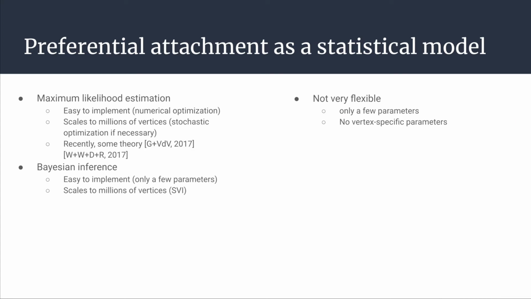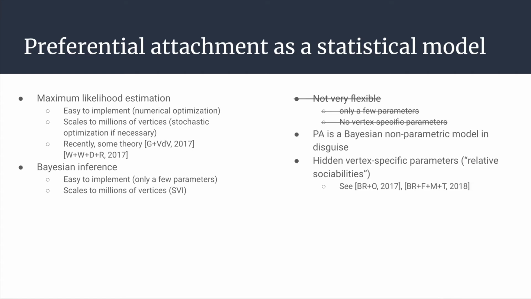So many practitioners modeling and fitting models to network data like to be able to say something about the properties of specific vertices, and preferential attachment doesn't really let you do that. Actually, it turns out, and this is recent work in the last couple of years that I've participated in, preferential attachment is a Bayesian nonparametric model in disguise, and each vertex does have a hidden parameter that can be interpreted as a relative sociability.